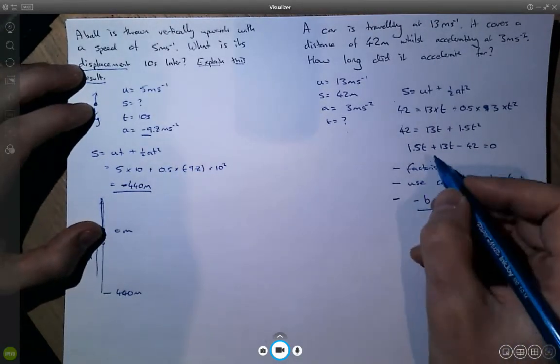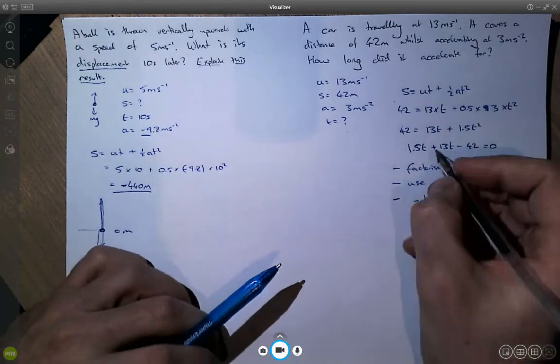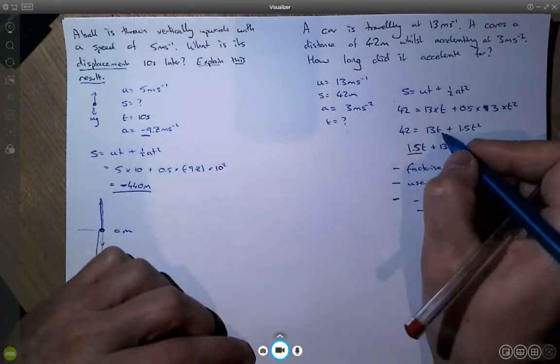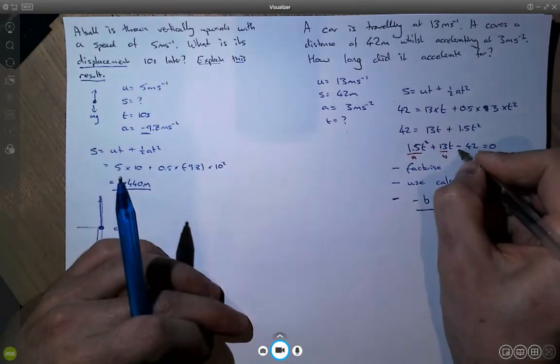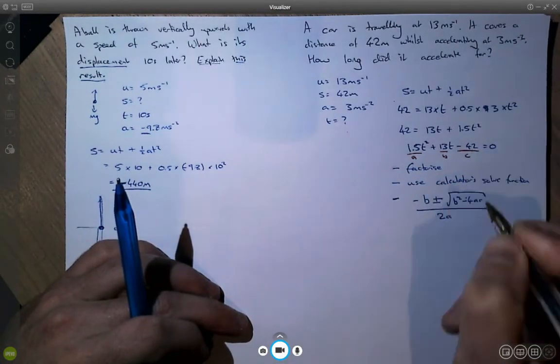So, of course, in this equation, oops, I've missed out a square sign here. This is A, this is B, and this is C.